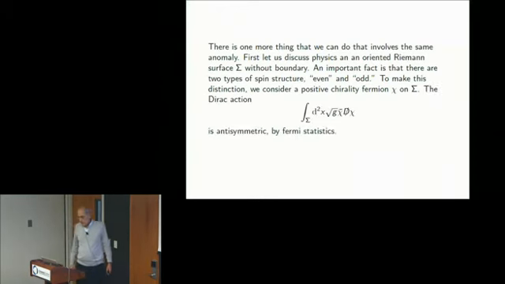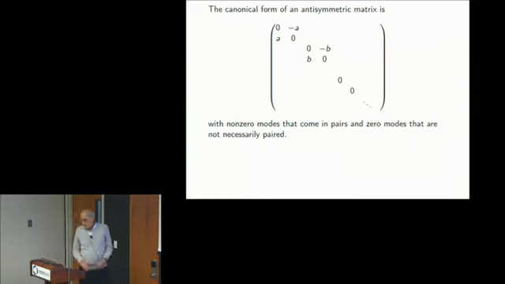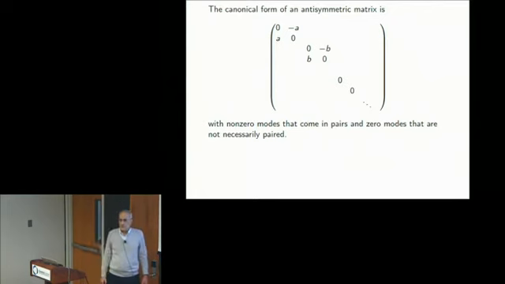And now it's possible to write a Dirac action for this field. It's anti-symmetric by Fermi statistics. The canonical form of an anti-symmetric matrix looks like this, with a lot of 2x2 blocks. And of course, a 2x2 block means a pair of skew eigenvalues, A and minus A. But then there can be zero modes that are not necessarily paired.